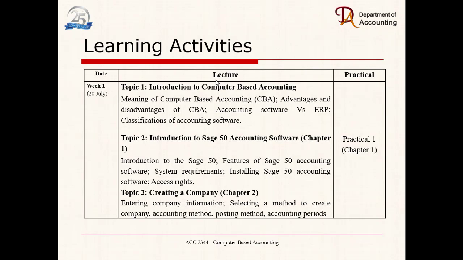Likewise, some of the very basic or general information you may be entering when you are going to create the company using the Sage 50 software. So you have to set some general information of the business.